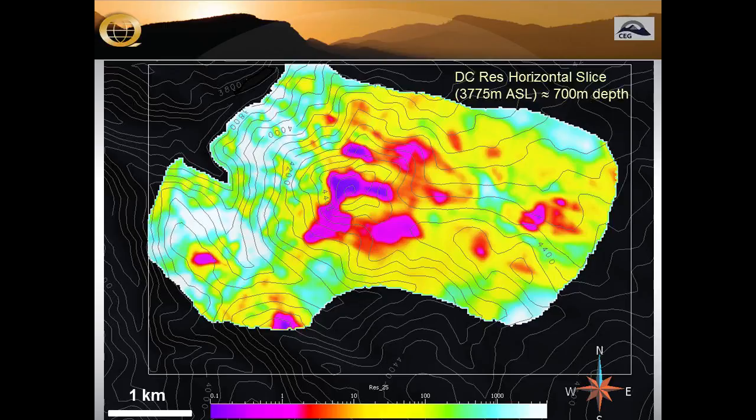And you can see the resistivity is mapping a concentric circle around the stock and the intrusion, and some other concentric responses. And then some other interesting responses off to the east. The Caspice deposit sits just up in here.